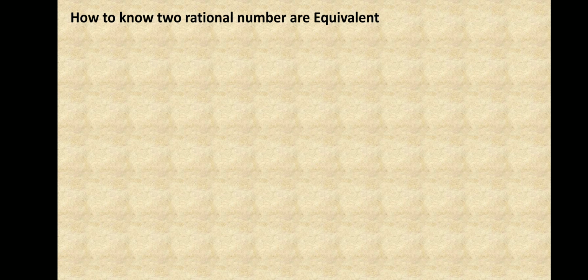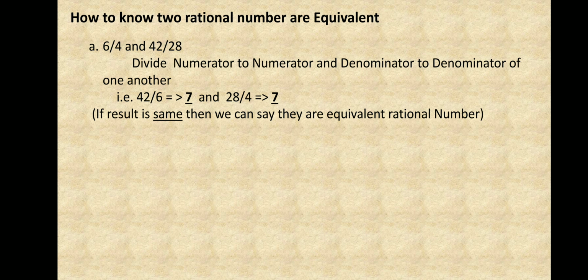Now how will you find whether two rational numbers are equivalent rational numbers? Let's know it. You have a sum over here which is 6 by 4 and 42 by 28. What you should do is divide the numerator by the numerator, whereas the denominator by the denominator of one another. The numerators are 6 and 42, and the denominators are 4 and 28.